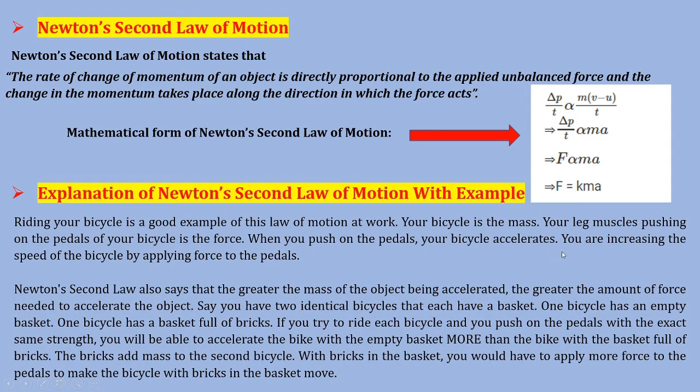That is, it gains acceleration. Its velocity changes. You are increasing the speed of the bicycle by applying force to the pedals. Again, Newton's second law also says that the greater the mass of an object being accelerated, the greater the amount of force needed to accelerate the body. If the mass of an object is more, then you have to apply much more force to accelerate it.